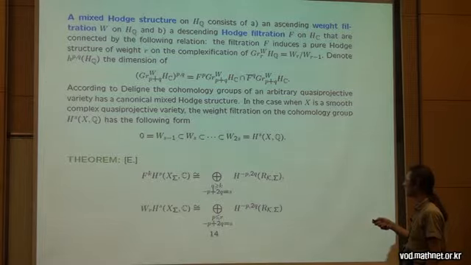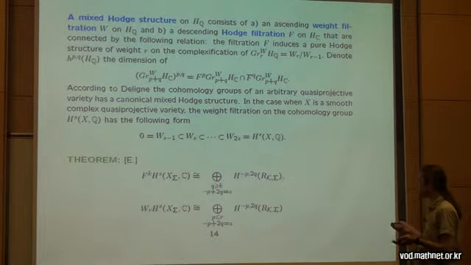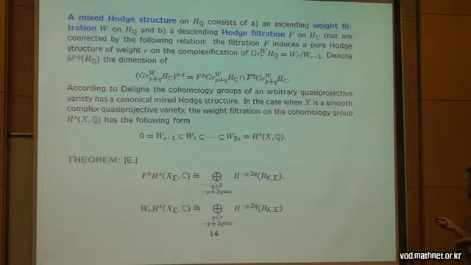According to Deligne, the cohomology group of an arbitrary quasi-projective variety has a canonical mixed Hodge structure on it. Suppose we have a smooth complex quasi-projective variety. The weight filtration has the following form.